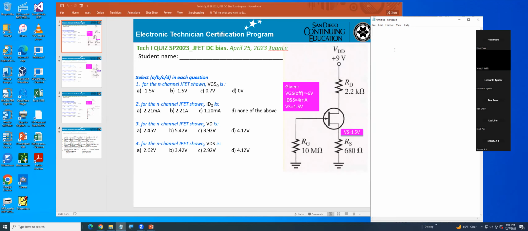What type? Okay. This is a self bias. The thing is you don't see any power.